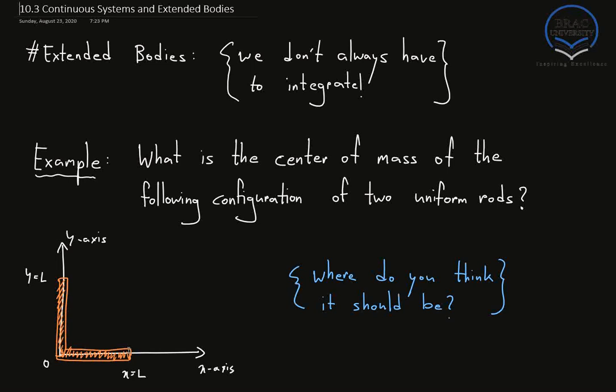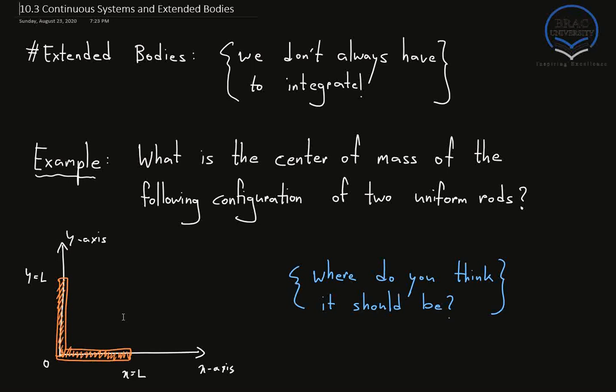Your knee-jerk reaction might be to want to integrate this expression, for elements dm along this whole rod. Obviously that would not be such a straightforward thing to do, and you can actually avoid doing this. First of all, let's ask ourselves, where do we think the center of mass should be?